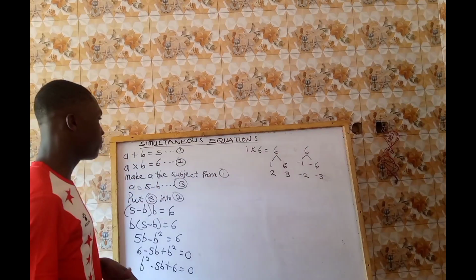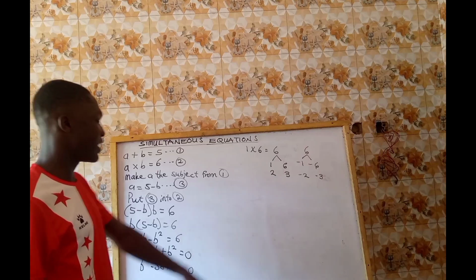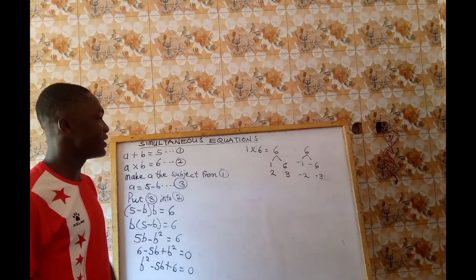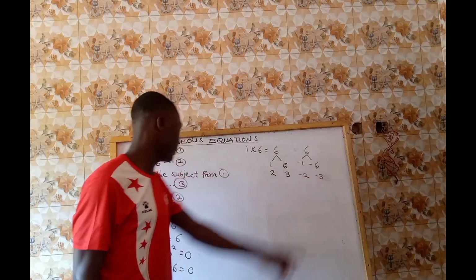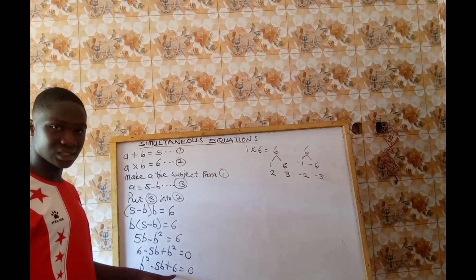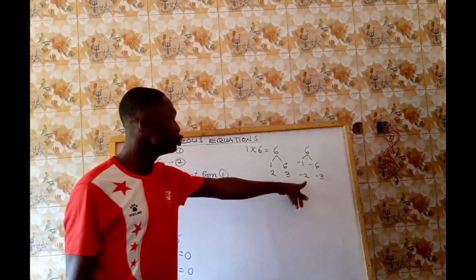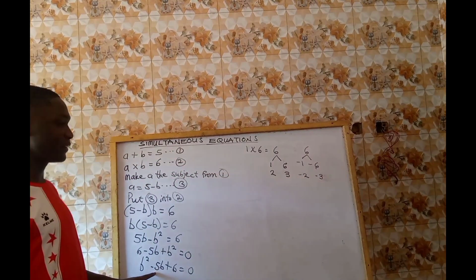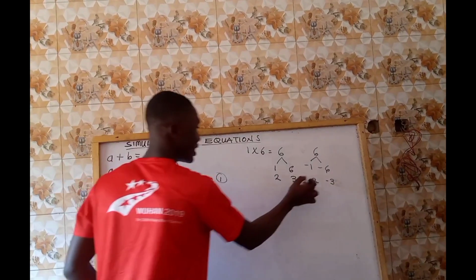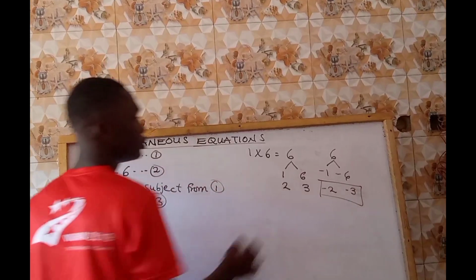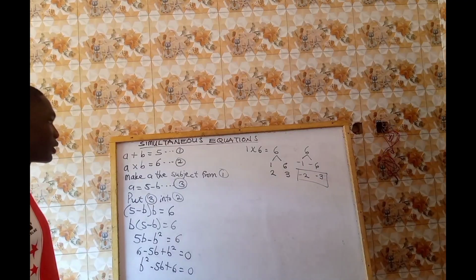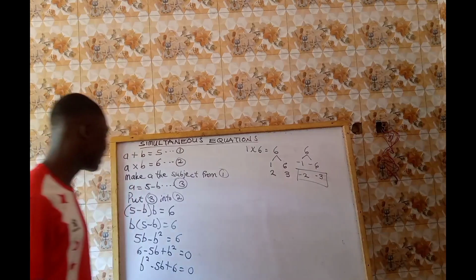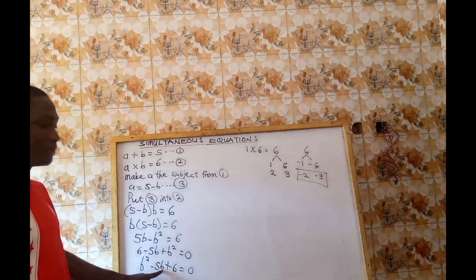So when we pick negative 2 and negative 3, negative 2 times negative 3 gives us positive 6, and then negative 2 plus negative 3 gives us negative 5. So it means that you will take negative 2 and then negative 3. So we will place negative 2 and negative 3 where we find negative 5b.